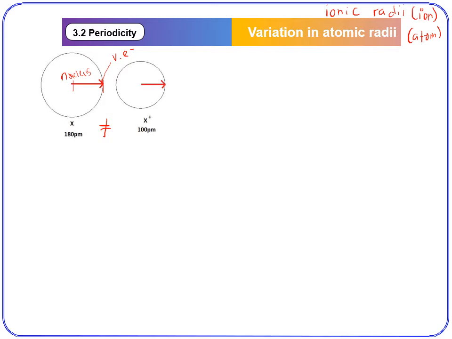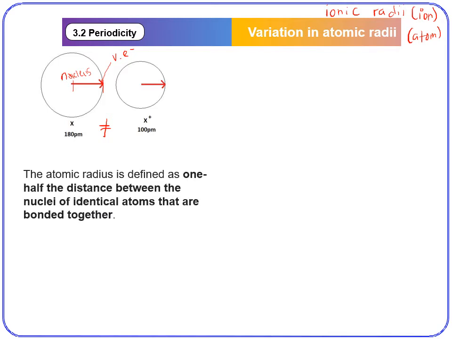From the definition, the distance between the nucleus and the valence electron is the definition of the radius. So if the electrons are getting more or less, the number of valence electrons will be more or less. So definitely the radius of the ion will be different from the radius of the atom.